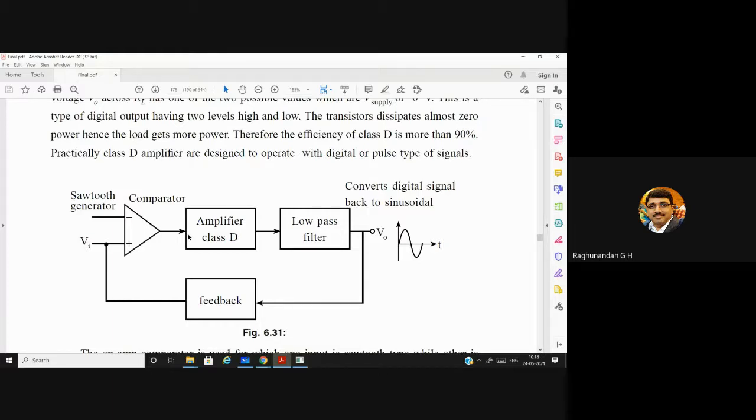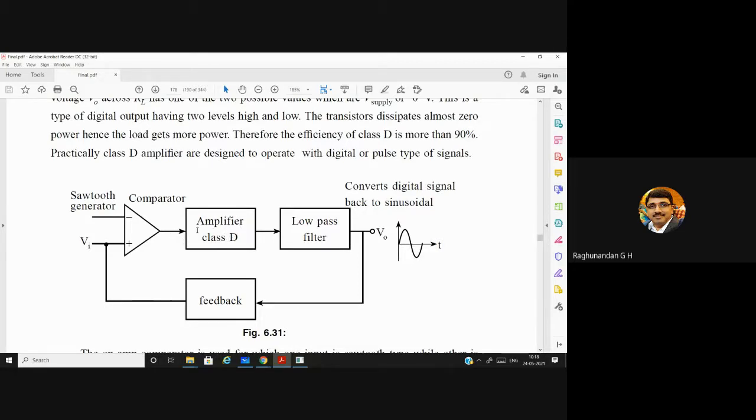Suppose you want a positive pulse, that is plus 5 volt pulse, and you want to hold it for longer time, then it is going to take out that pulse which is given from the comparator, and that will be held for a longer duration. When that is held for a longer duration, then here the amplifier obviously contains a transistor.